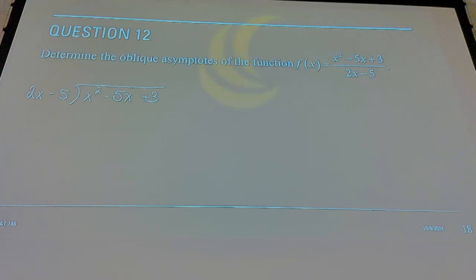No, that's the dividend. Quotient. So what do you have to multiply 2x by to get x squared? Half x. That's your first term of the quotient.